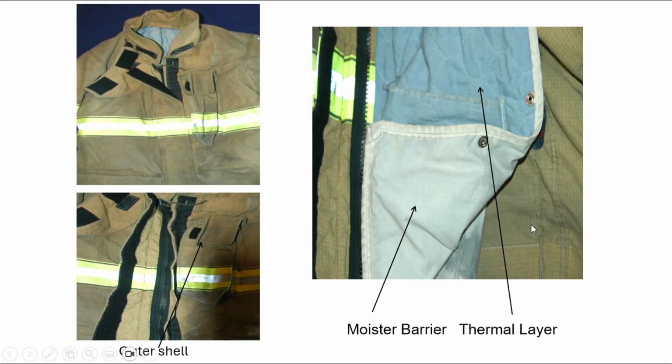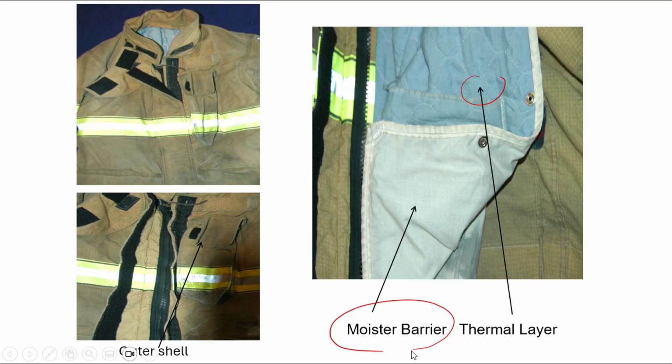So, we can see here the outer layer, it is a shell layer. Then this is the thermal layer, which prevents the heat from penetrating, and the moisture barrier layer, which is laminated on the thermal layer.